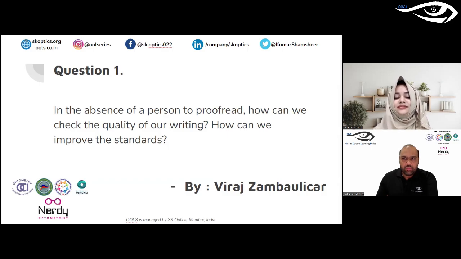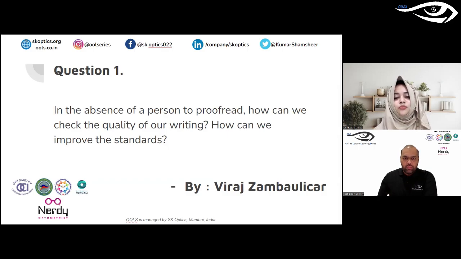In case you are not able to go for peer reviews or review from your co-authors, there are online tools available, even plugins attached to the journal website itself, where you can go for grammar or linguistic consultation, where they can give you expert opinions on how to improve the overall quality of the writing, especially for non-English speaking people who have issues with the language.